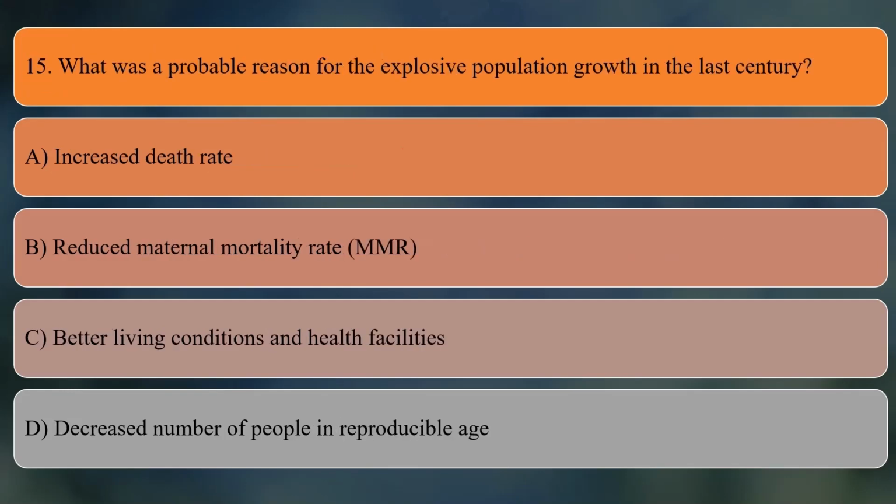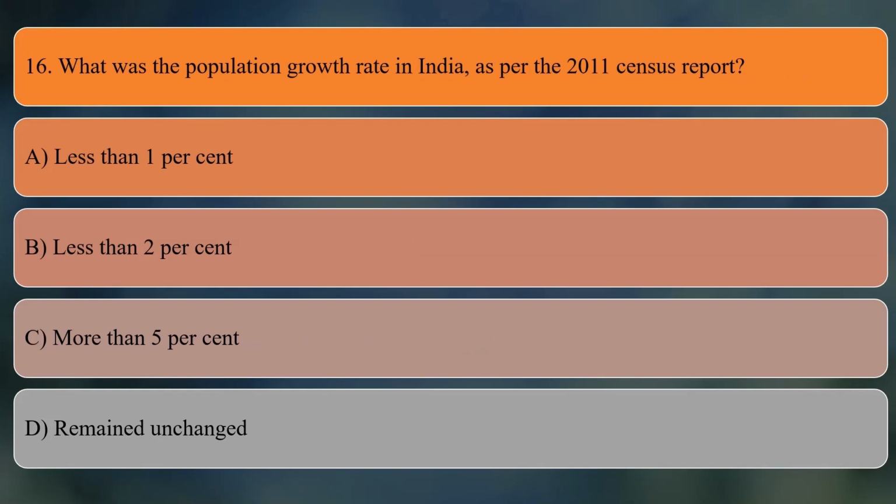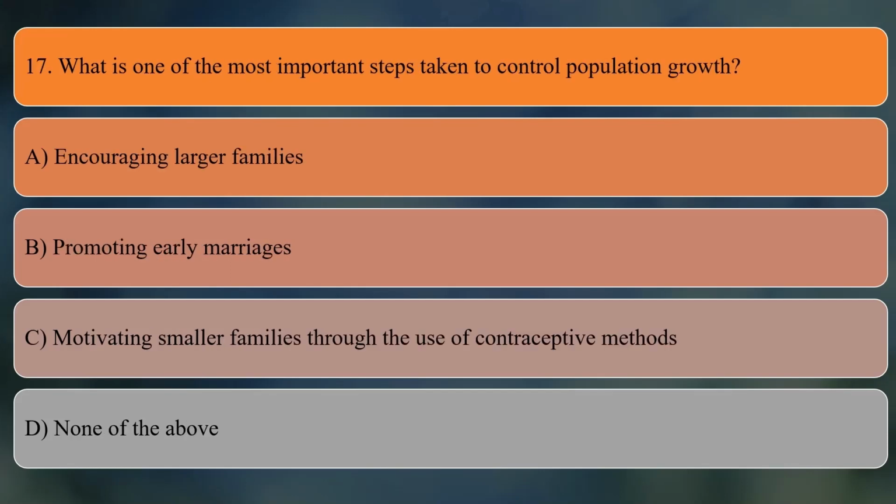What was a probable reason for the explosive population growth in the last century? What was the population growth rate in India, as per the 2011 census report? What is one of the most important steps taken to control population growth?